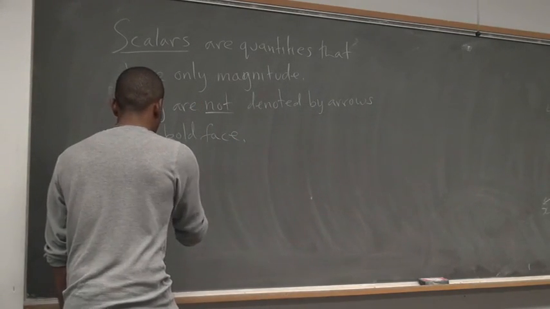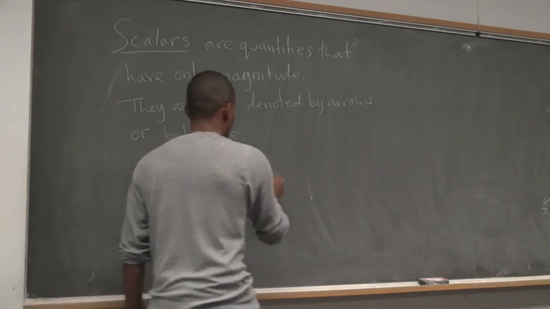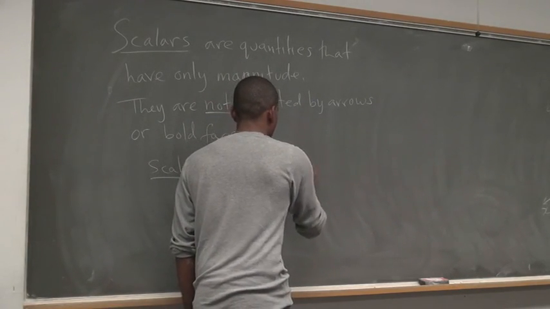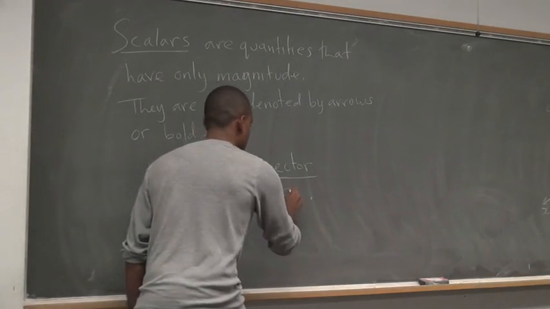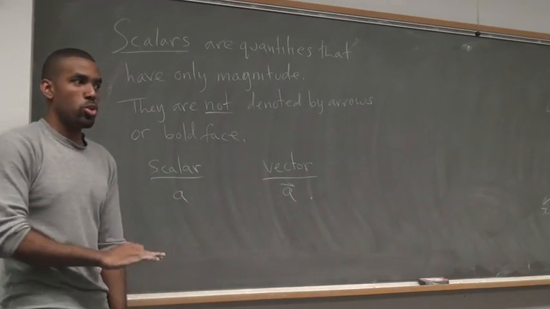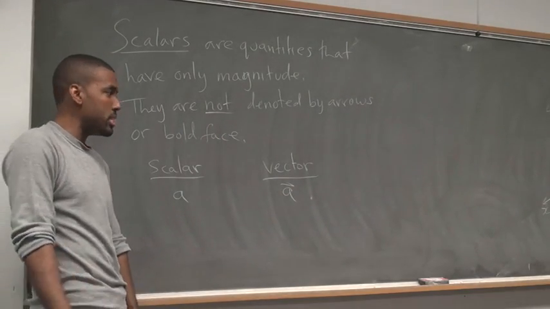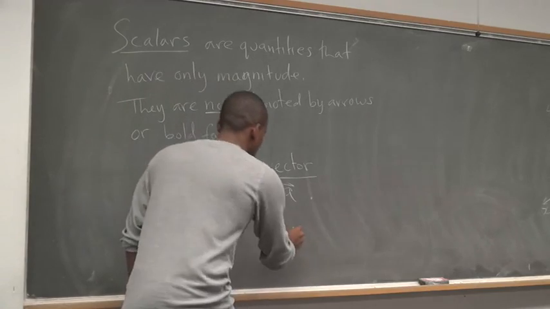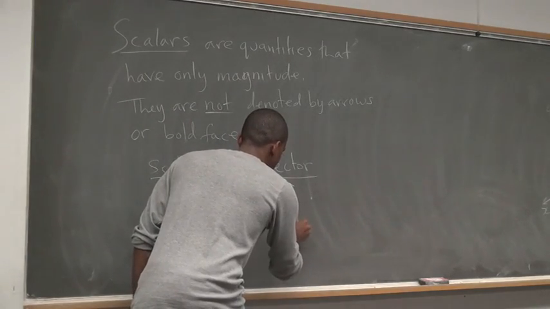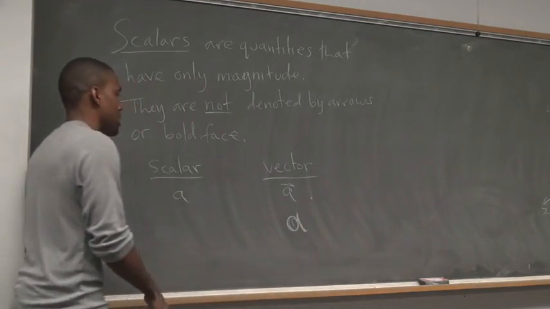So if you're reading the textbook and you see an A as opposed to an A with a vector over it, it's two completely different things, two completely different objects. They're not the same. If you see a bold A in the textbook, that represents a vector.